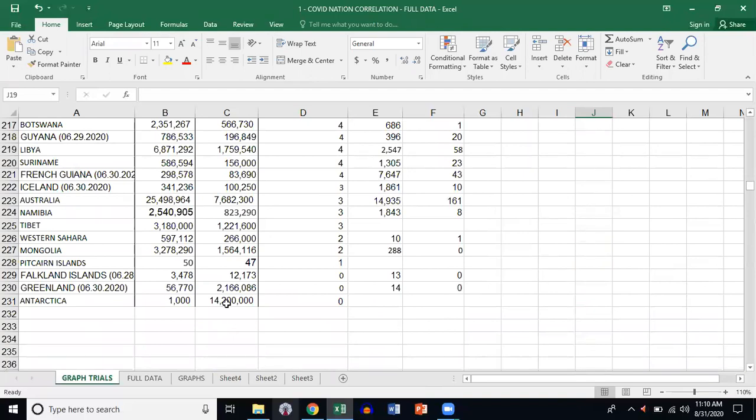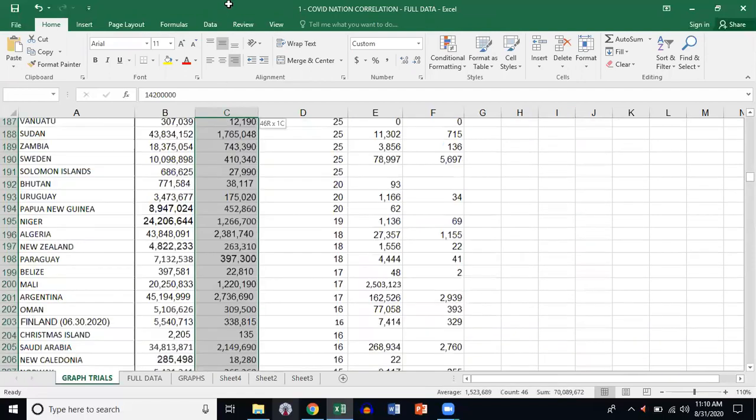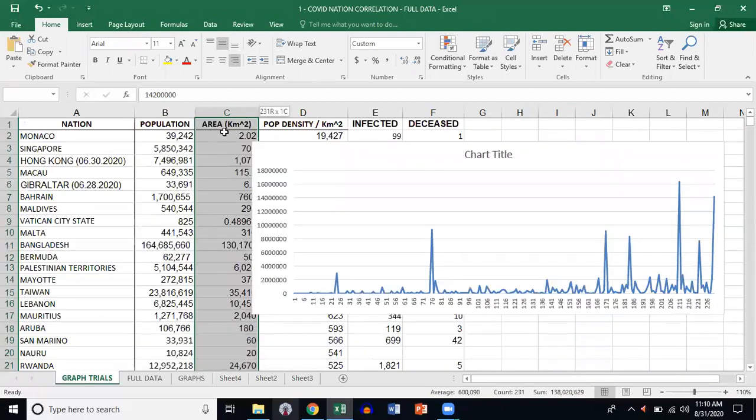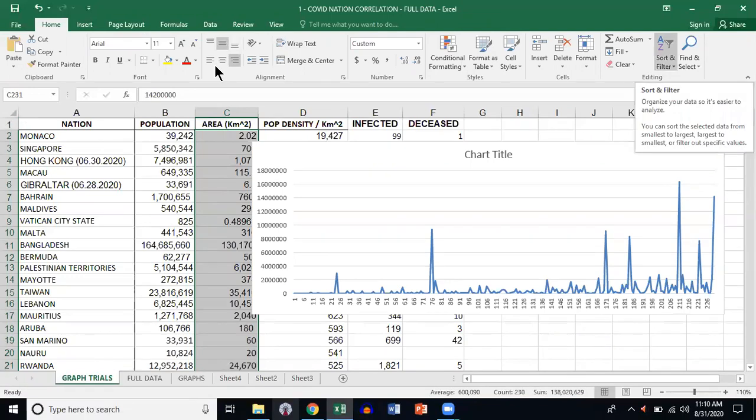All right, so again, I go to the bottom cell, click in it, hold the left click, scroll all the way up, exclude the title. Now I have all my data selected. Now I'm going to sort it or rank it according to size.